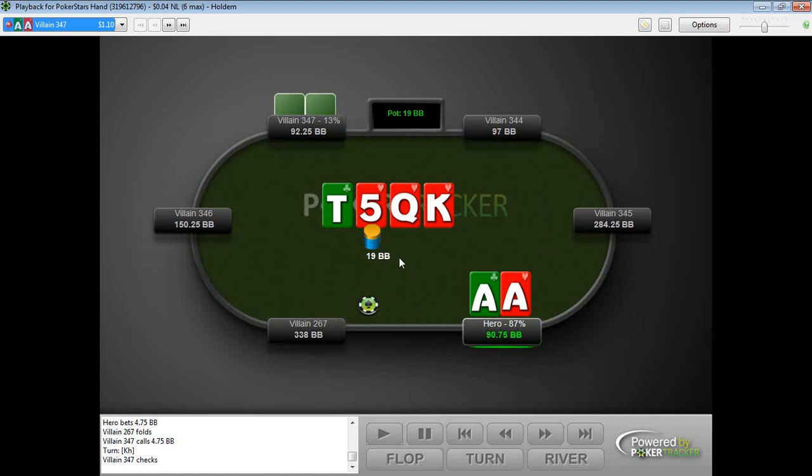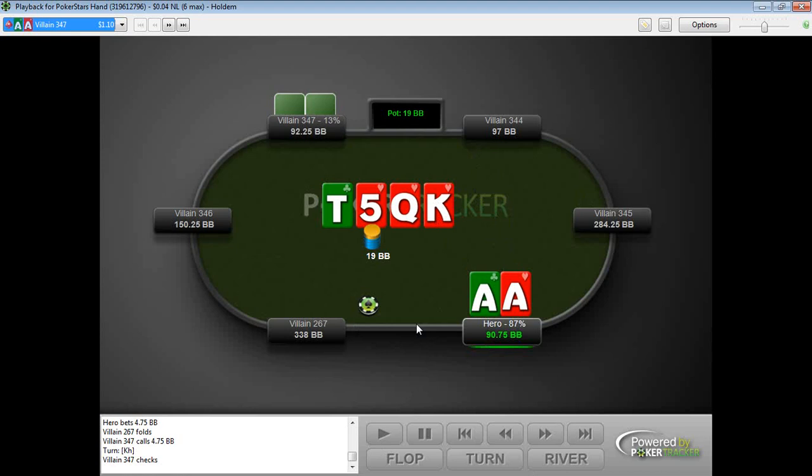I kind of like that, actually, maybe throwing out an overbet here, because if I throw out an overbet here, I can still get value if another heart hits out. I can still improve to the nuts. And I still do have a really good hand as well, as I have 73% equity.